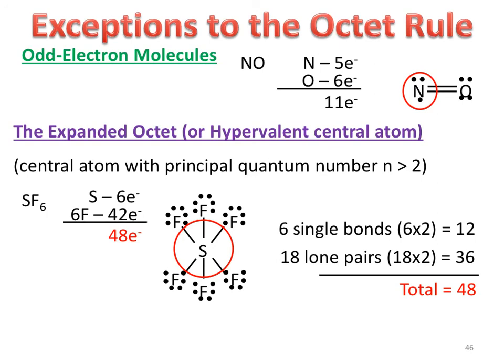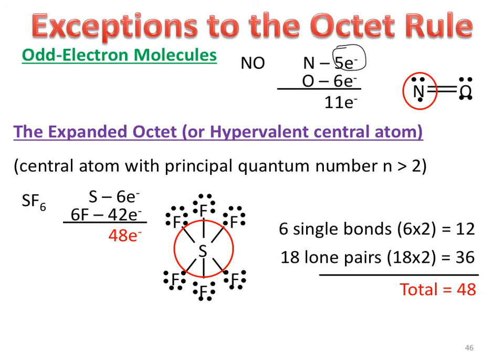Since it brings 5 electrons, an odd number, and if there's only one of them and it doesn't have an additional electron from another nitrogen, or doesn't have a formal charge, or isn't a polyatomic anion or such, then it's going to end up with an odd electron. Well, where do you put odd electrons? You put them on the atom that tends to be from the odd numbered groups.